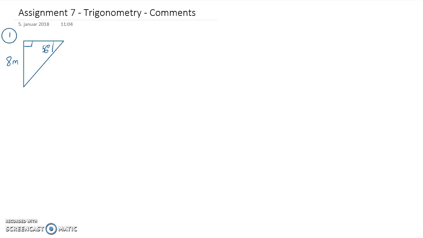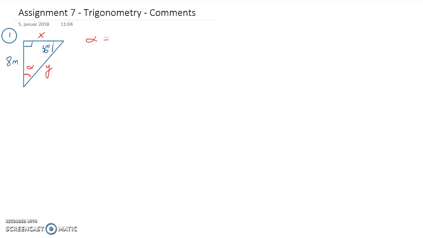We want to solve this triangle. So that means we want to find the angle we are missing over here, say alpha. We want to find the side we are missing here, x, and the other side, the hypotenuse, y. Let's begin by finding the angle alpha, because that's the easiest.